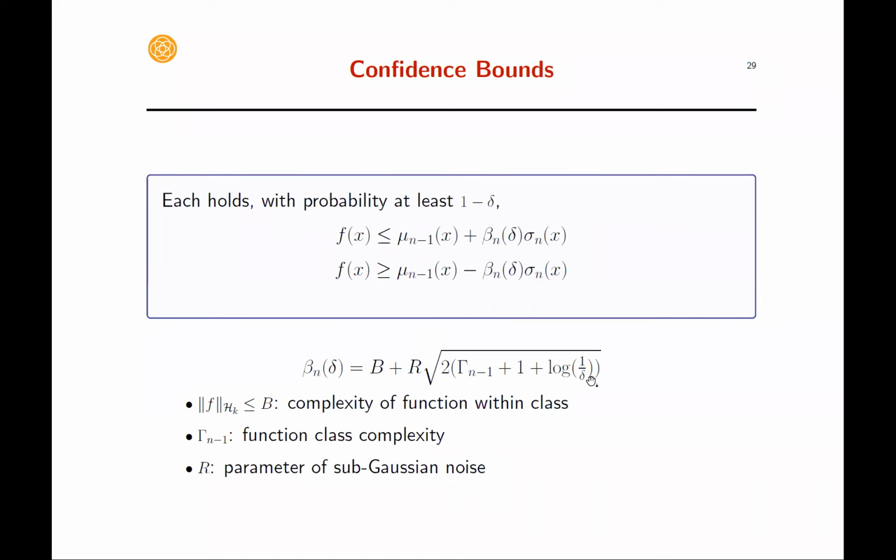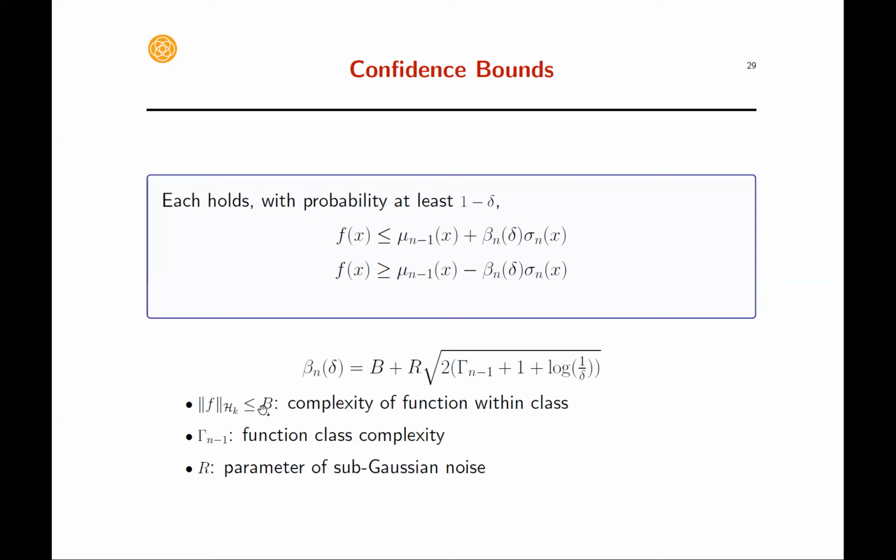The two other terms are new here: one is B and one is gamma_{n-1}. The gamma_n captures the function class complexity, which is determined by the kernel, so what kind of functions we are talking about and what complexity they have. The parameter B, which is the norm of the function within that space of functions, determines how complex the function is within the function class, because within the function class we could also have different levels of complexity.